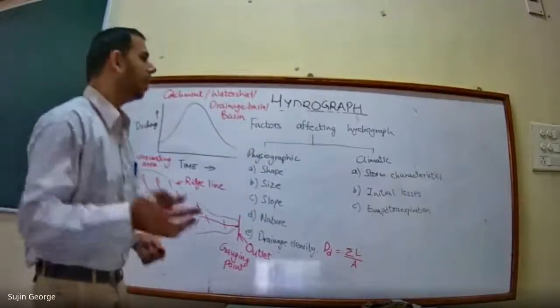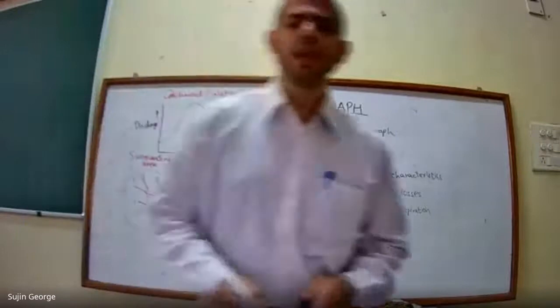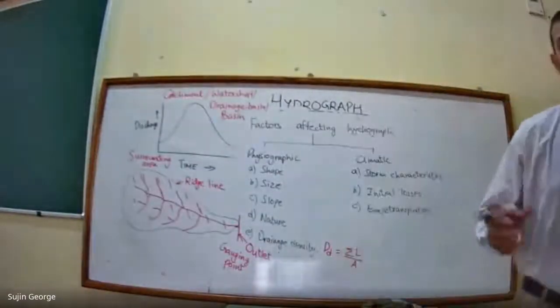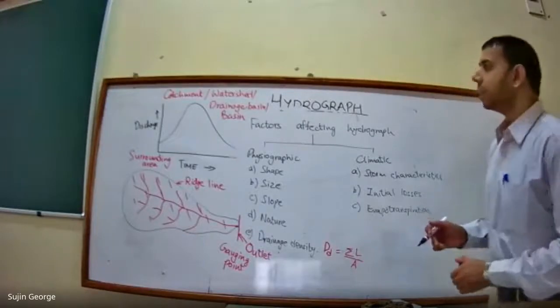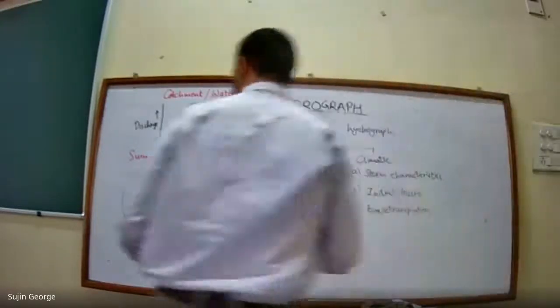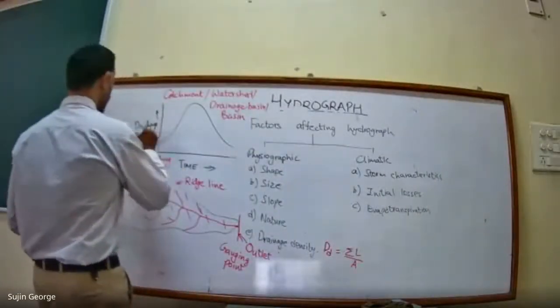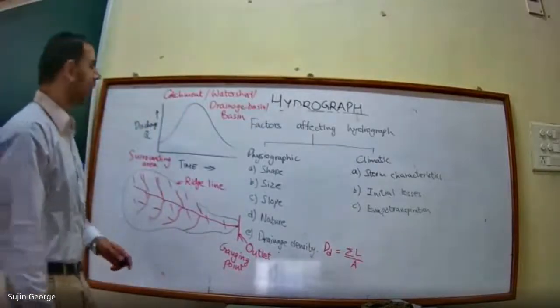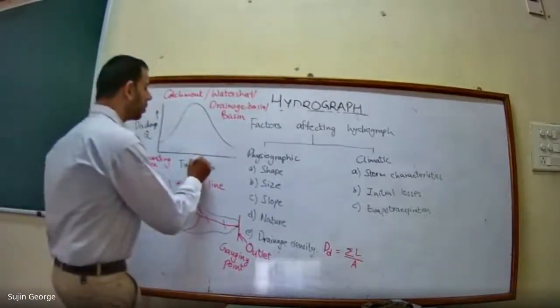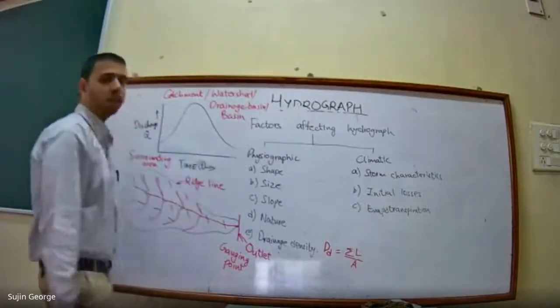Now, as I told you, this hydrograph is a plot between discharge and time. Discharge can be denoted as Q, and time can be denoted as small t.